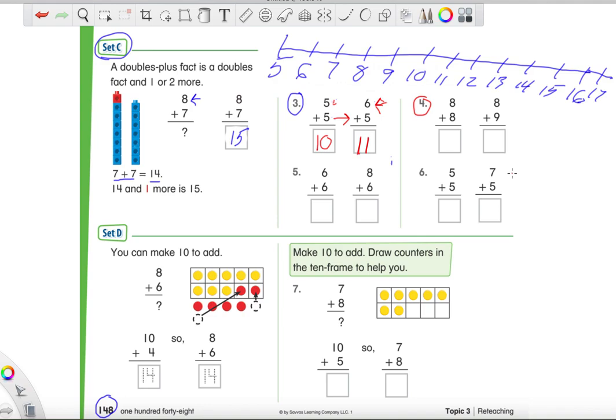Okay, if you're still working on number 4, pause the video. Just hit the space bar and the video will pause right away.